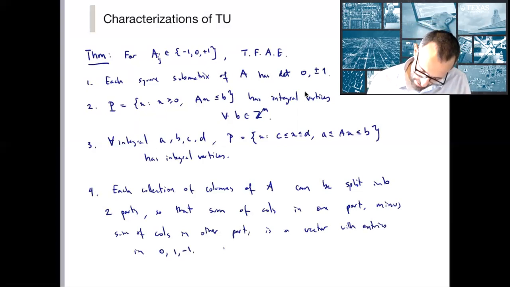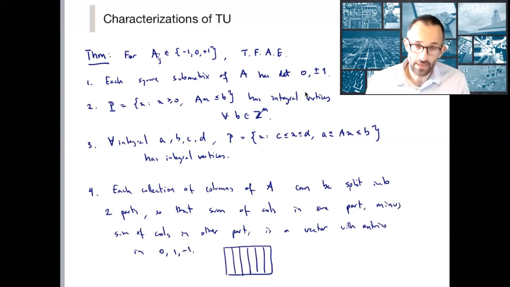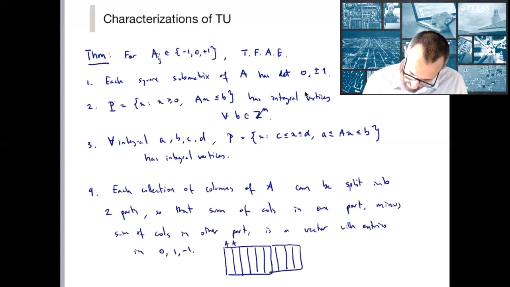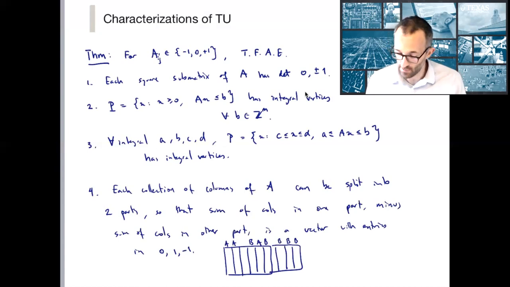So just to draw this out, what that means is here are like the columns of my matrix. I can label these A and B in some way. Actually, it has to hold for any subcollection of columns, so maybe there's a few that I didn't choose. Okay, so A, maybe the third one I don't select. B, A, B, B, B, B. So what this says is that if I were to sum columns A, and A, and subtract columns B, B, B, B, B, that means I would have a vector in +1, -1, and 0 entries.